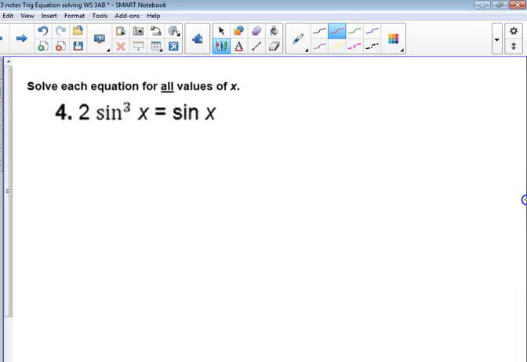All right. What are we going to do here? We're not going to do what? Don't divide. We got to move it over. Okay, work on this one, guys.